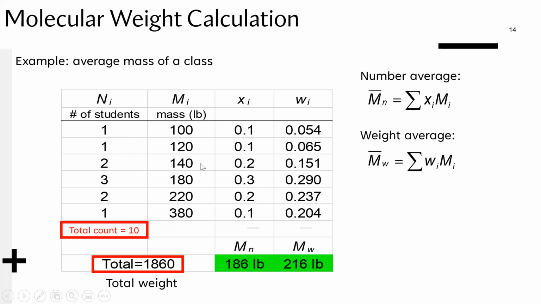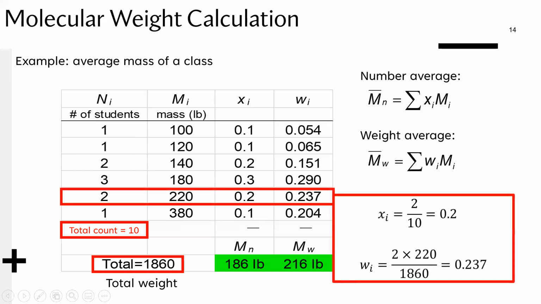And here you have 0.2, which is 2 divided by 10, the total count, and that is your number fraction for weighing about 220 pounds.